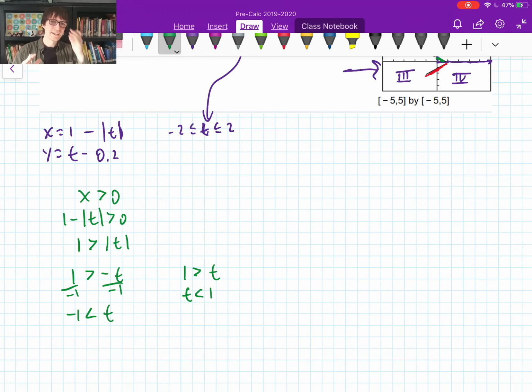So if we limit it all that way, we get -1 is less than t, which is less than 1. Cool, that's interesting.